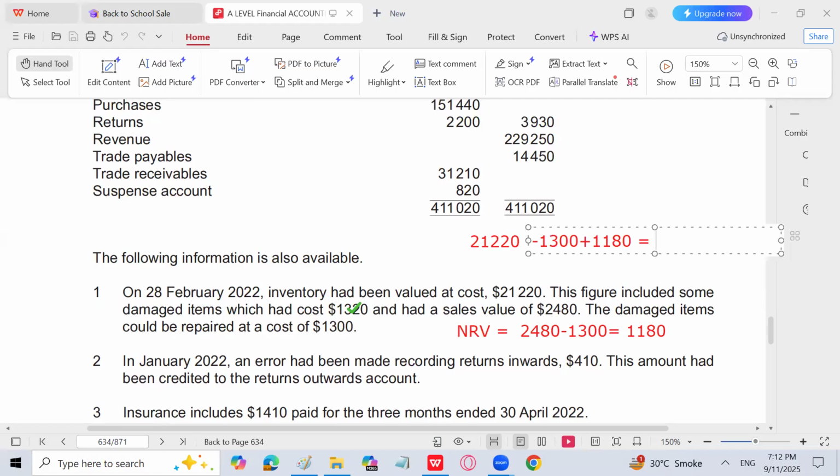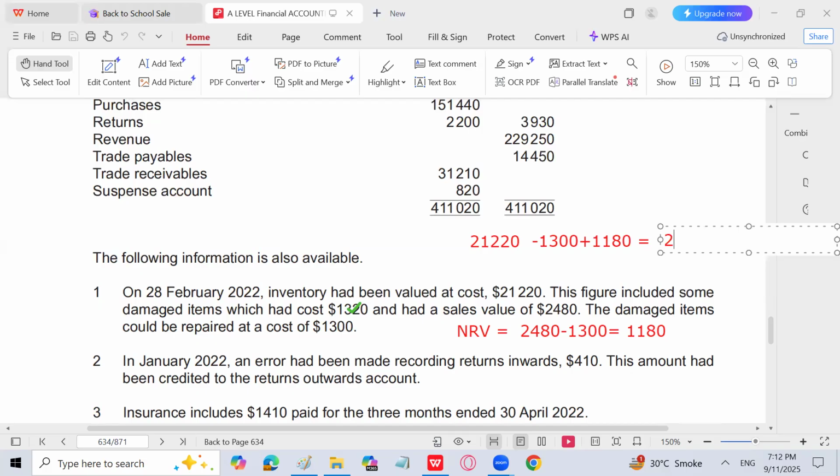21220 closing inventory has a damaged item costing 1320. Let me correct it. And the value of that inventory, the NRV, is 1180. So now we go 21220 minus 1320, and we add the correct value, which is the lower of cost or NRV, whichever is less, 1180.